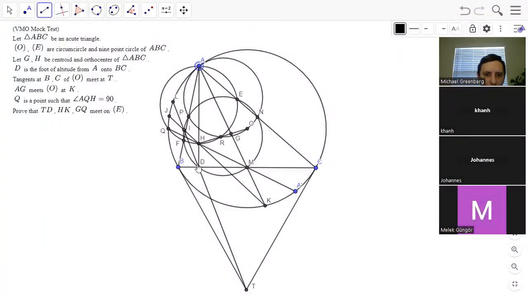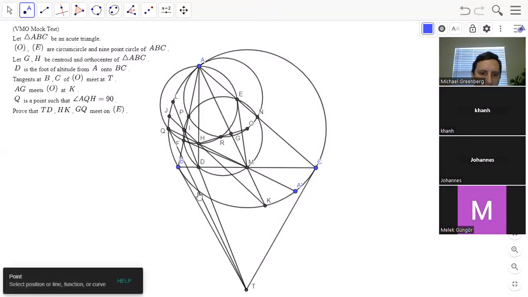Maybe we can draw MF and ME, because the homothety takes EF to BC, takes T to M. So MF and ME are tangent. And if we intersect QT with the circumcircle of ABC, it's going to lie on the line AD.